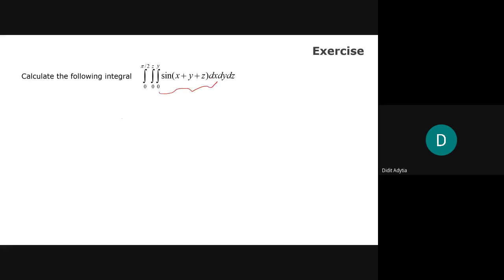Ini tidak selalu X duluan. Seperti tadi itu adalah Z. Jadi ingat ini. Oke. Calculate ini terhadap X dulu, baru terhadap Y, masukkan. Ingat yang paling luar itu selalu konstanta. Dari konstanta ke konstanta. Oke? Yang paling luar.